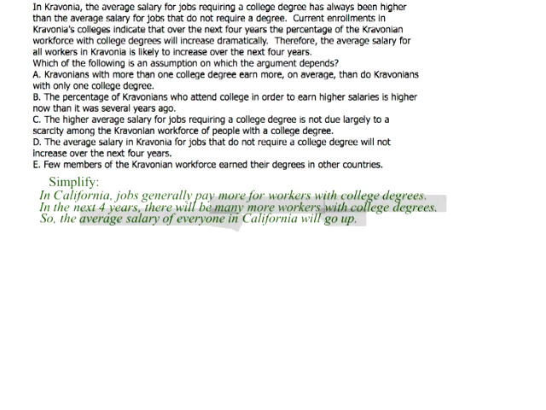Because if they kept being higher paid, if you had more higher paid workers, then of course the average pay would go up. So if the salaries kept behaving exactly the way they do now, then this argument would be logically perfect.